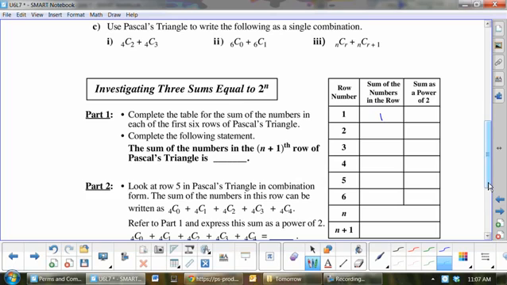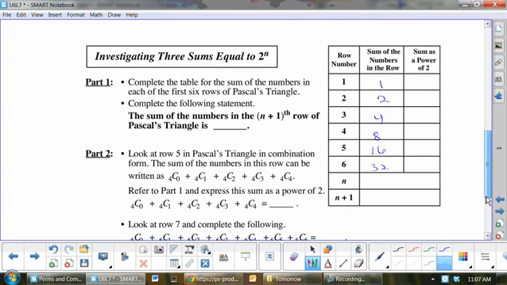Now the second row. What does it equal? 2. The third row. Add them all up together. 1 plus 2 plus 1, you get. Okay, in the fourth row, what do you get? Fifth row. 16. Sixth row. Okay, now, I need the nth row, please.